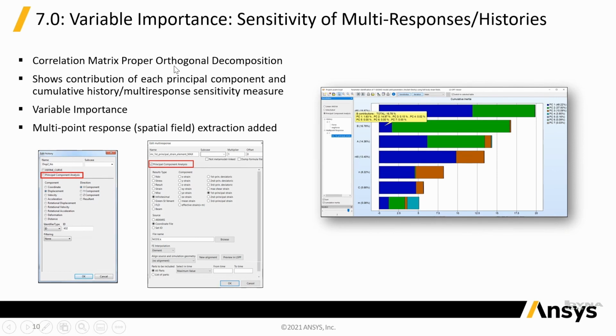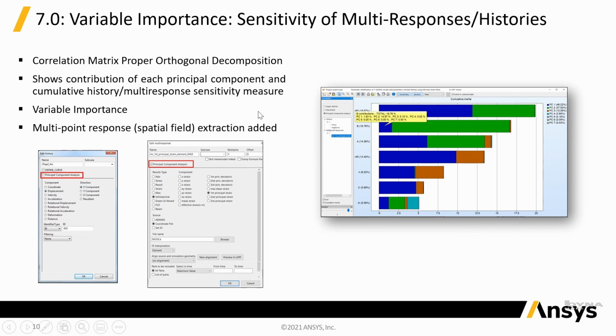The sensitivity analysis features were also enhanced in 7.0. Earlier, in previous versions, sensitivity analysis was available for responses, for scalar responses, basically. But in 7.0, it is also available for multi-point responses or spatial data.